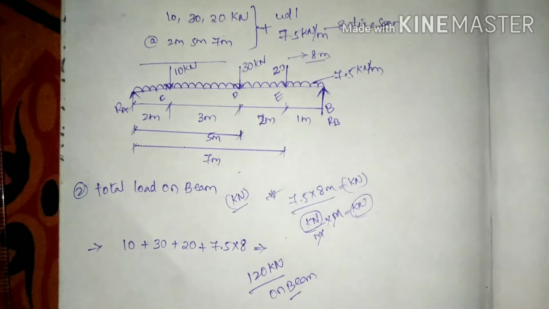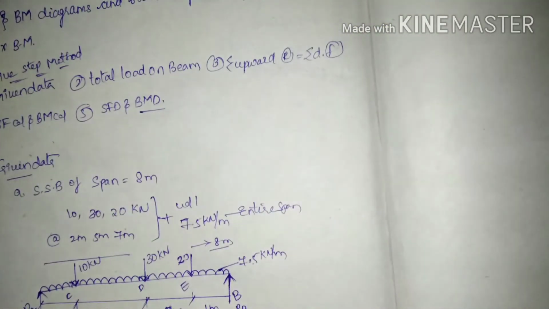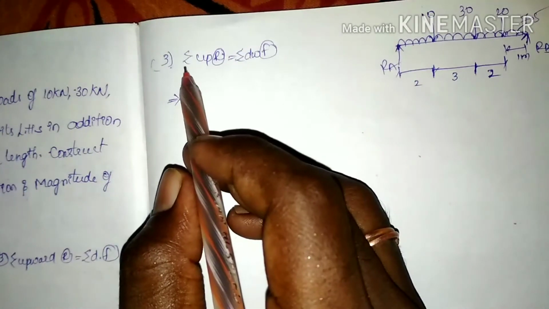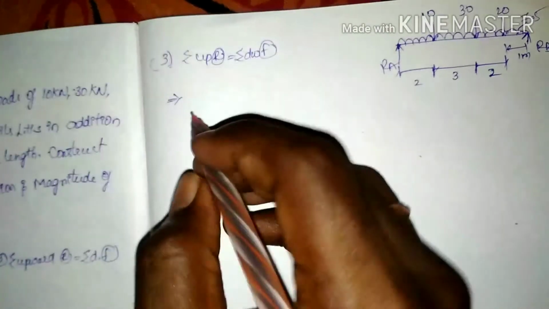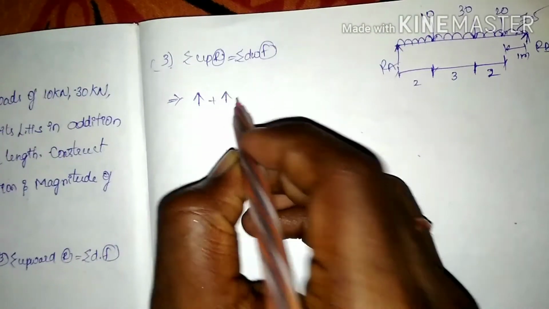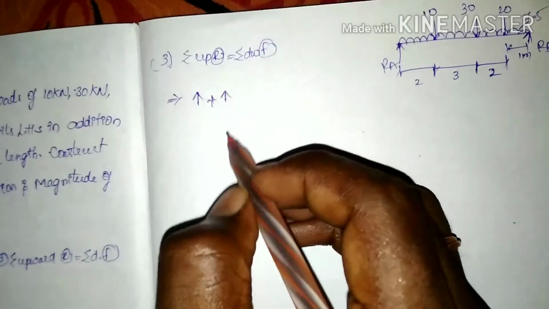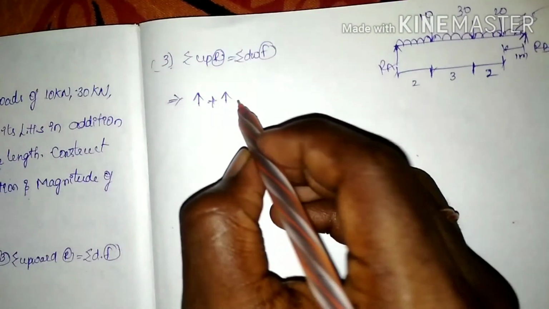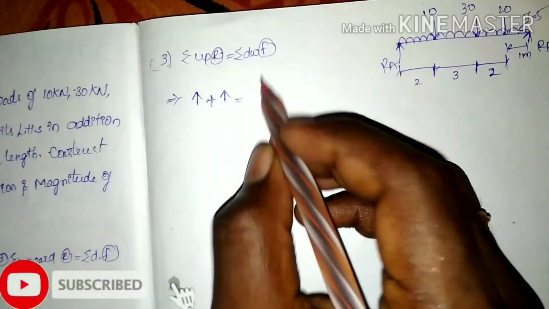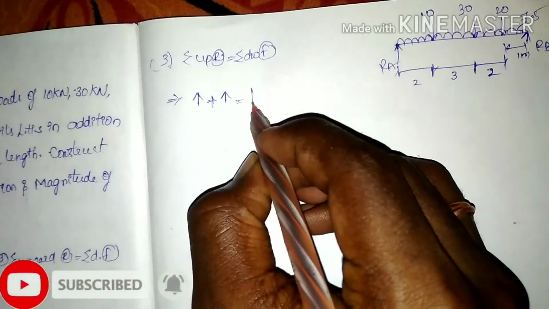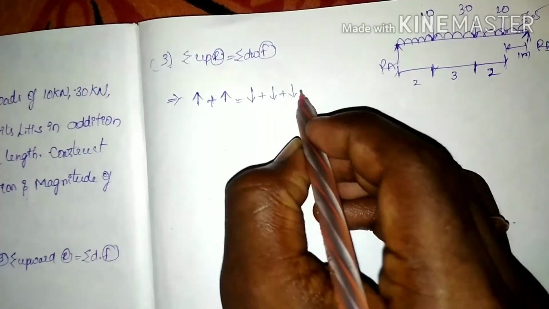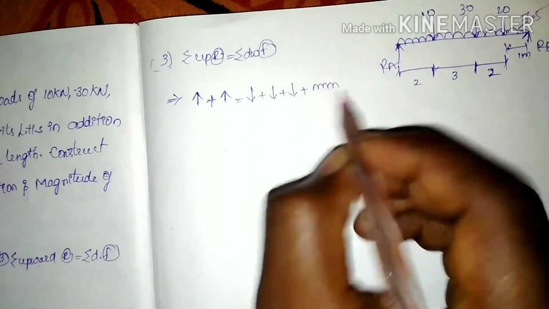Next, our third step is the summation of upward reactions. Here the reactions are RA plus RB. Summation indicates the addition of the members on the LHS, and this is equal to the summation of downward forces, where we have point loads of 3 and a UDL for the entire span.